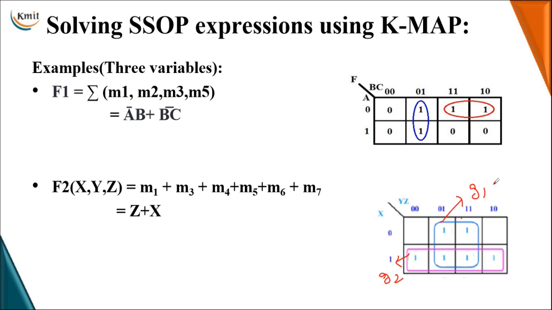Now for group 1 the minimal expression: x is different, with x value 0 and 1, y value is 0 and 1, only z value is 1. Hence group 1 is z, and group 2 will give you x. So as a sum of product terms, x or z is the minimal expression of this SSOP.